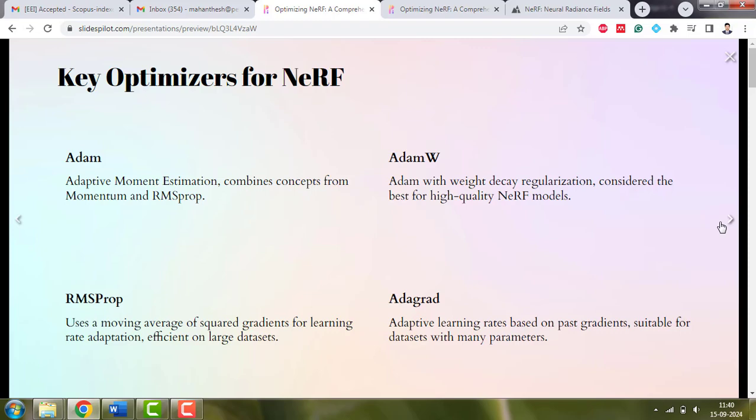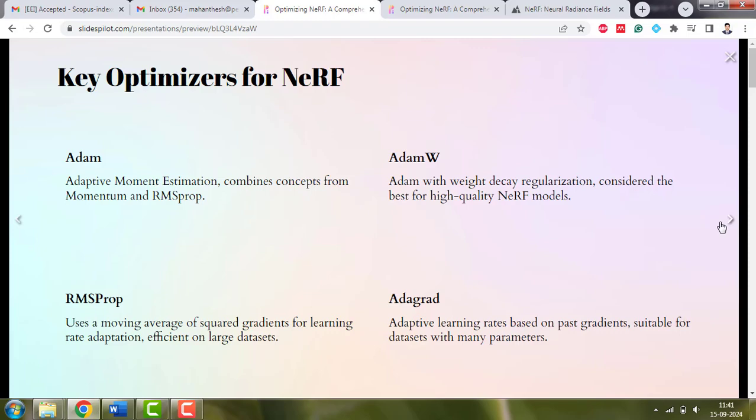The third one is RMSProp, which uses a moving average of squared gradients for learning rate adaptation, and is efficient on large datasets. So if you have a large dataset, you go for RMSProp. Then there is Adagrad, which uses adaptive learning rates based on past gradients and is suitable for datasets with many parameters.